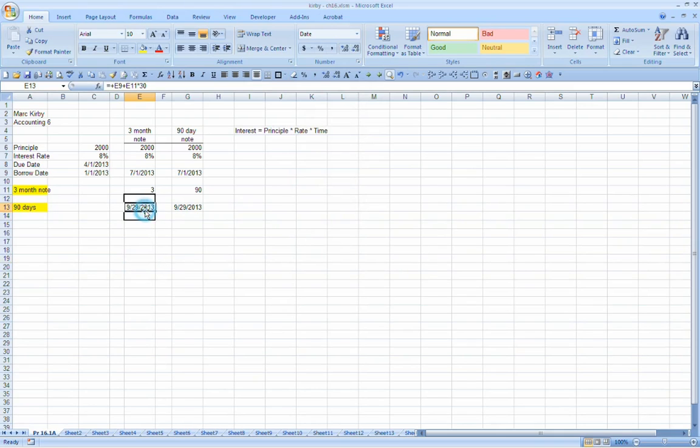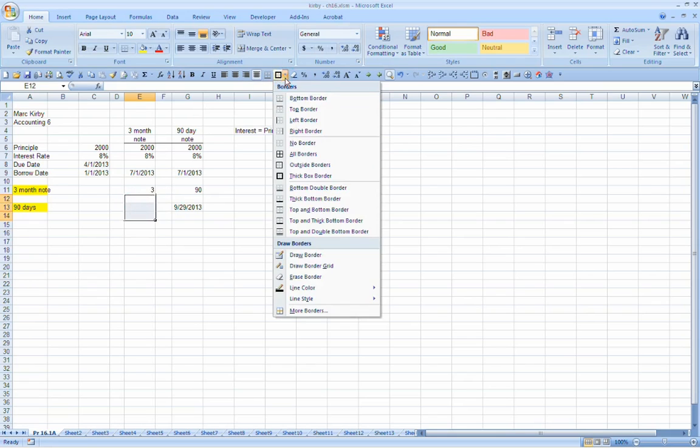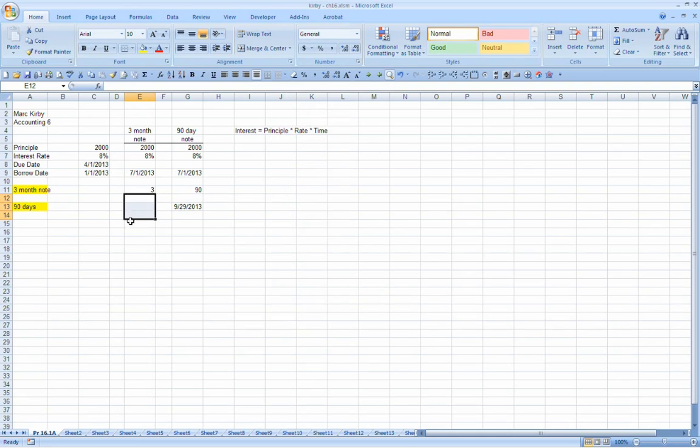Excel has a way. I'm going to clear that cell out, and I'm going to put a new formula in there. And instead of just adding a number of days or a number of months multiplied by 30, there is something called the EDATE function.